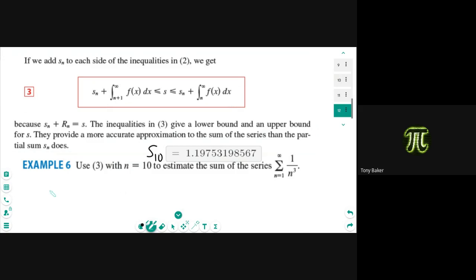So I'm going to have S10 plus the integral from 11 to infinity of 1 over x to the third dx, and then S10 plus the integral from 10 to infinity of 1 over x to the third dx. That is quite a lot to write.